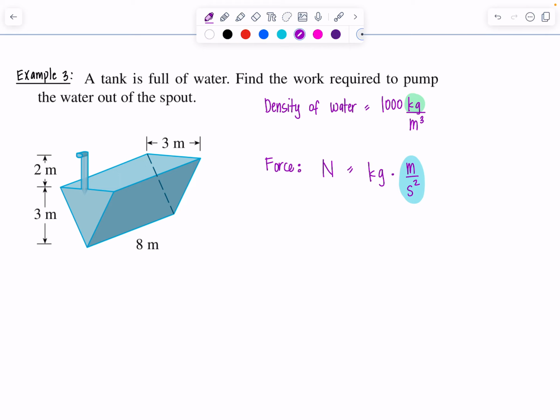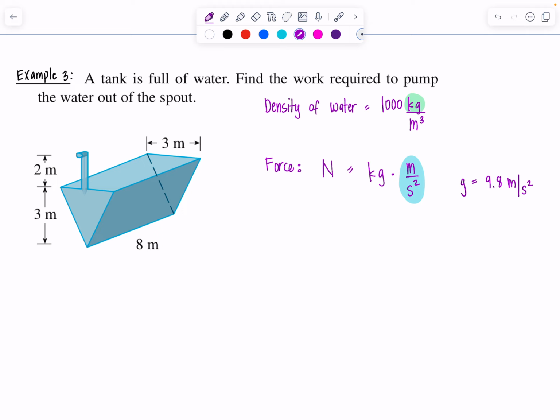So think about it. Whatever mass you have, in this case it's just a bunch of water, the force required to lift it out of the tank is the force that it takes to overcome gravity. And what is acceleration due to gravity? Acceleration due to gravity is 9.8 meters per second squared. Depending on your teacher in your book, you might use 9.81 instead.